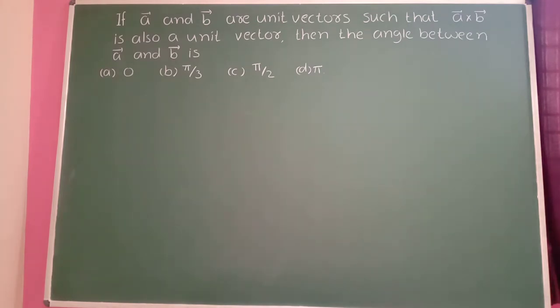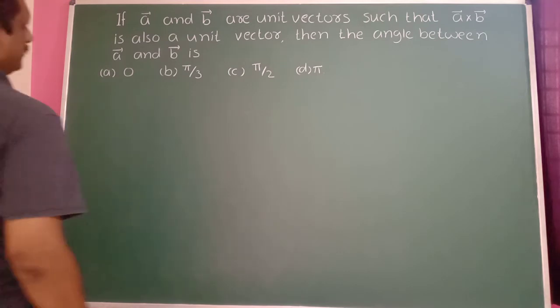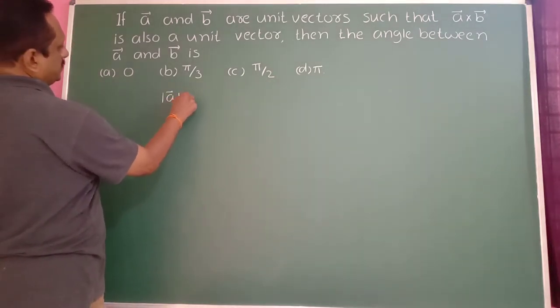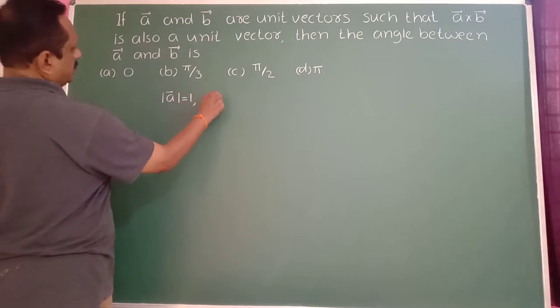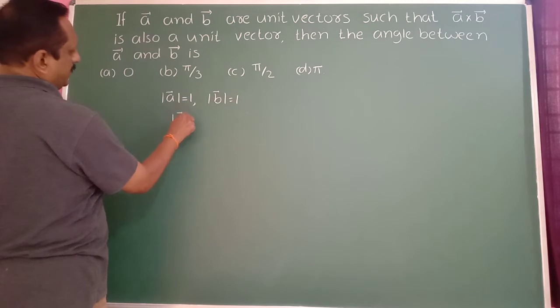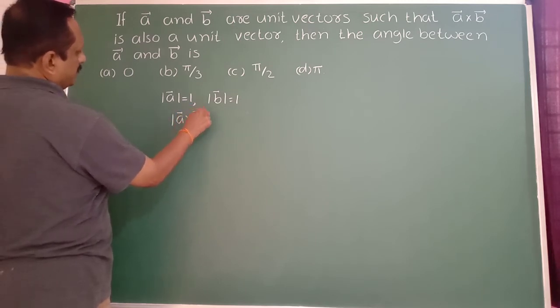If a bar and b bar are unit vectors such that a bar plus b bar is also a unit vector, then what is the angle between a bar and b bar? Here they gave modulus of a bar is 1, modulus of b bar is 1, and modulus of a bar plus b bar is also 1.